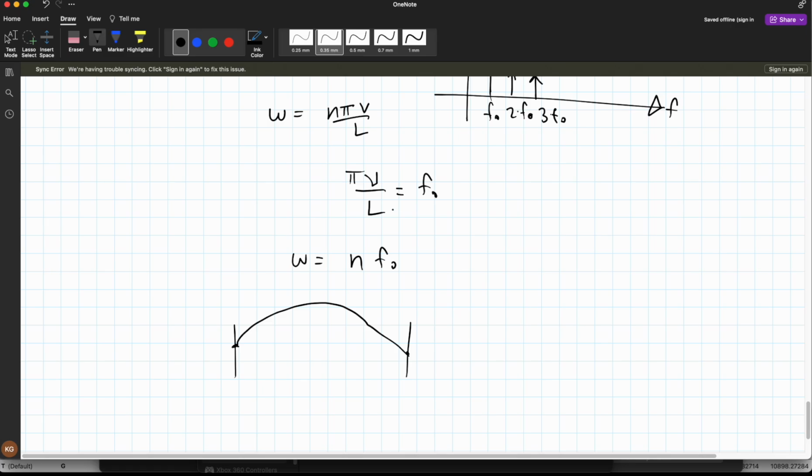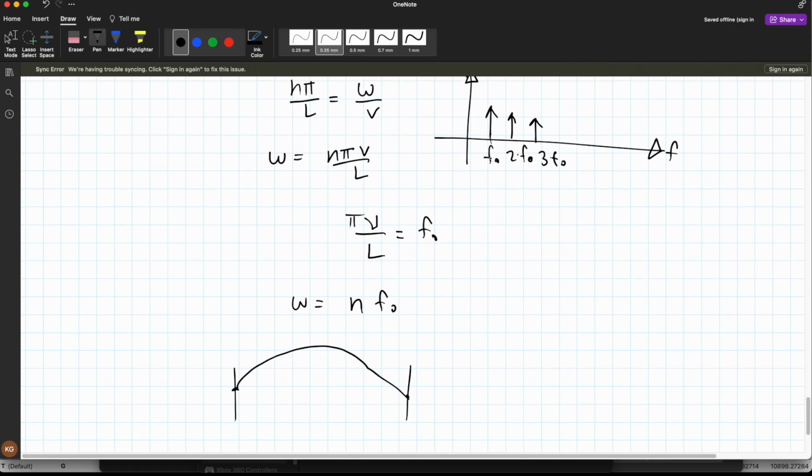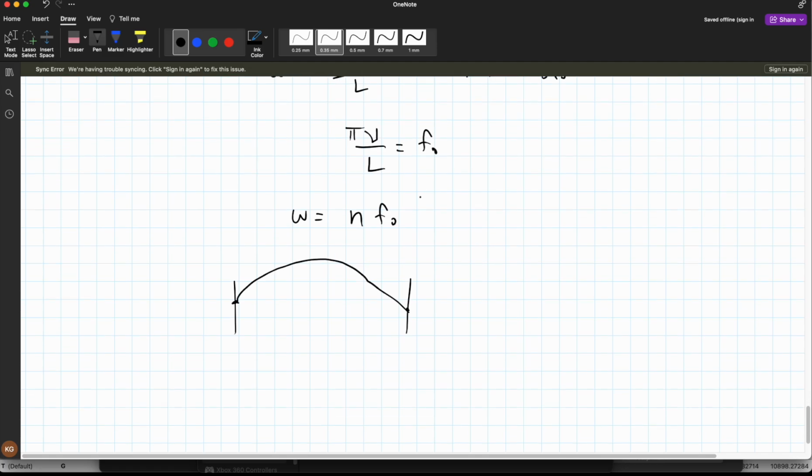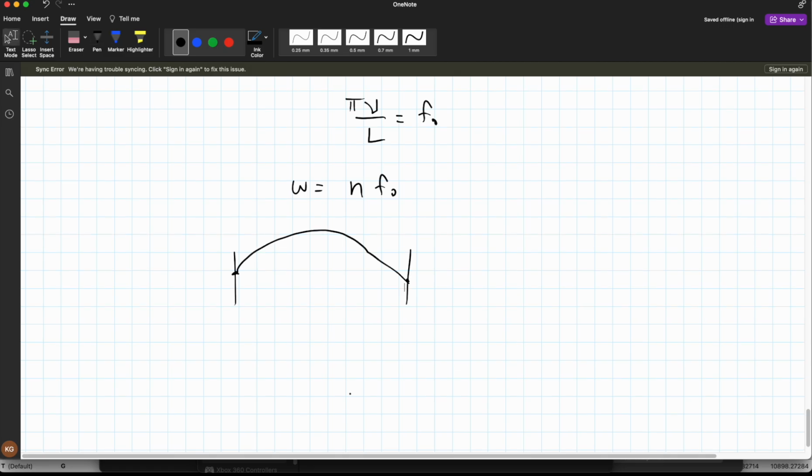Because we said over here that we have a constant length of our string, so we should get these integer multiples of frequencies. But it doesn't make a whole lot of sense, because if we're pulling back our string and it's made of springs, then the length is increasing. So the length really changes. So maybe this can be a little homework problem for you to think about, or even to try with some code, or however you want to look at this.